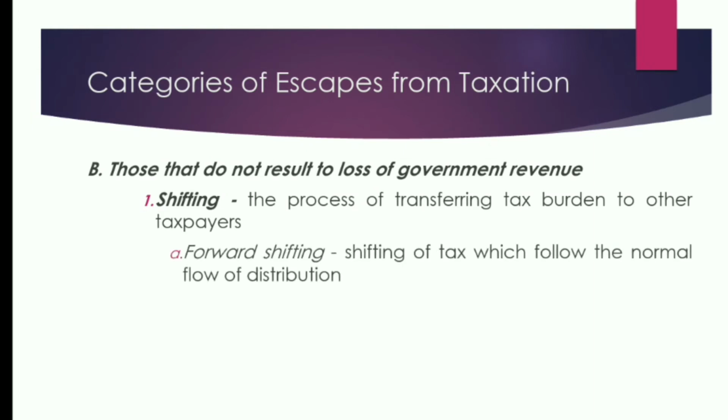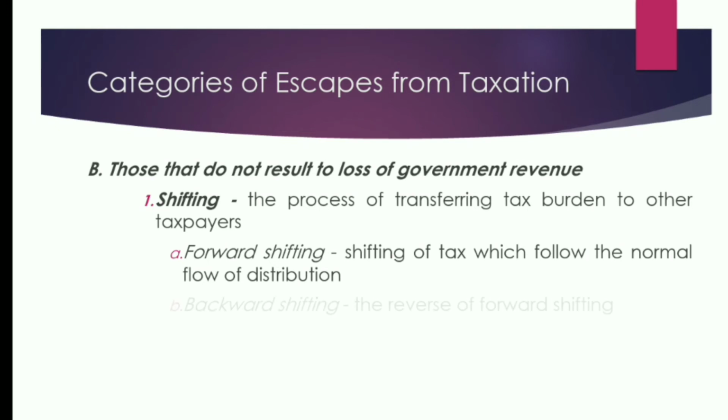Forward shifting is a kind of shifting of tax which follows the normal flow of distribution. The normal flow of distribution is from the manufacturer to wholesalers, then to retailers, and then to consumers. Forward shifting is common with essential commodities like food and fuel.